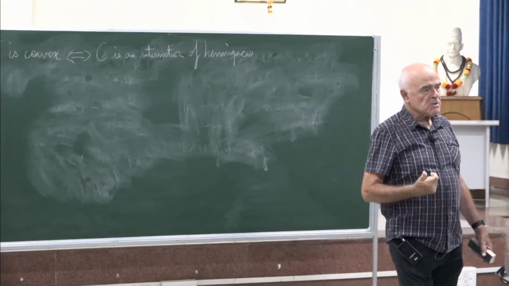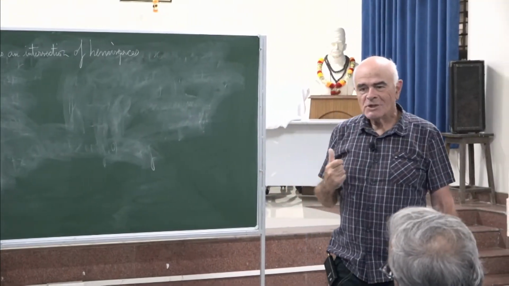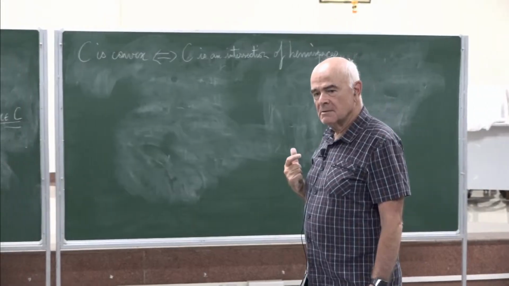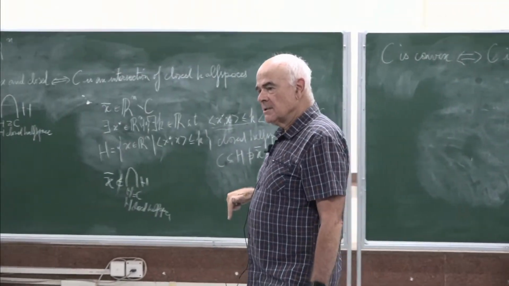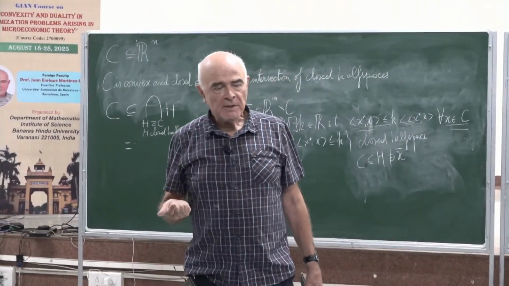Actually, of hemispaces of a particular type. So what is a hemispace? It's a convex set whose complement is also convex.